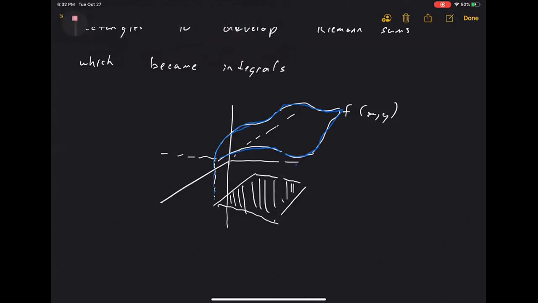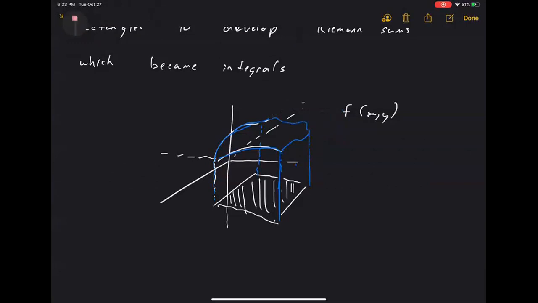It's not really to scale, but let's assume that this surface is directly above my rectangle. Okay, so let's say our region looks like this.